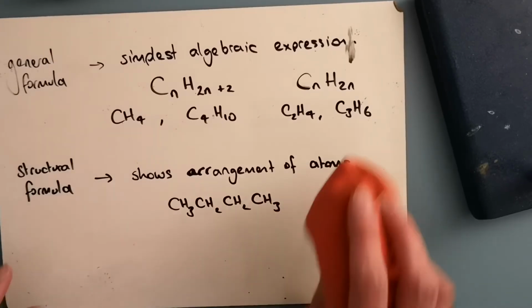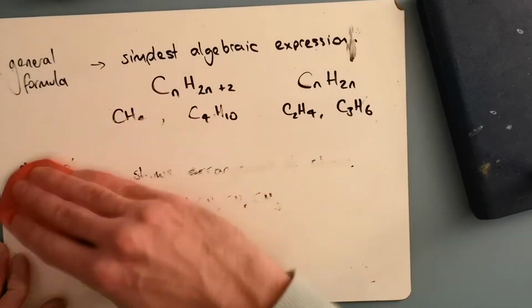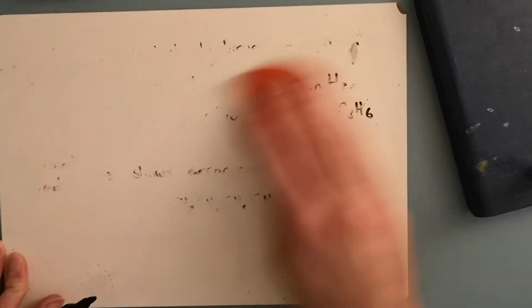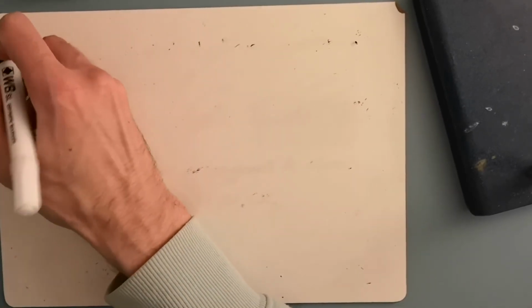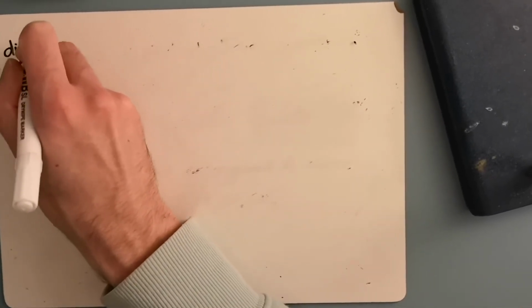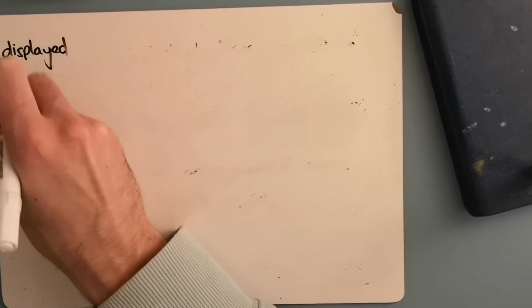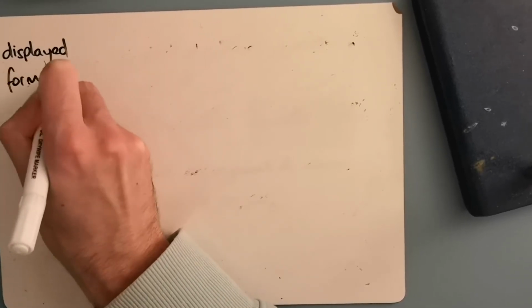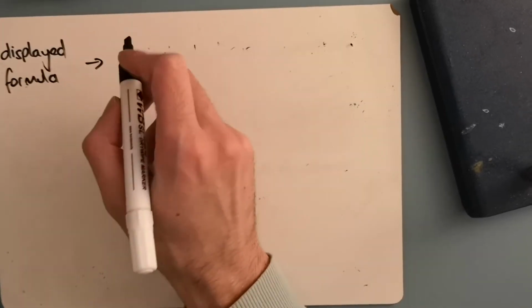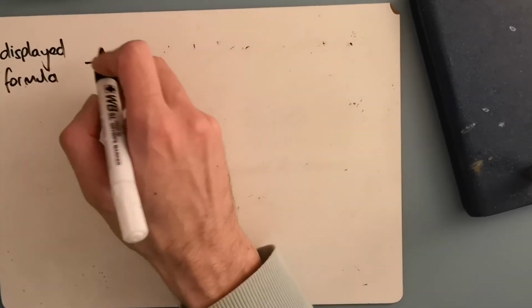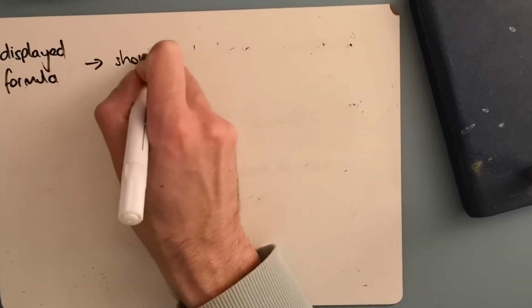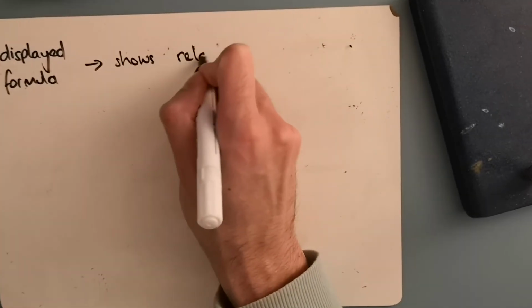We can go a bit further than structural formula though, and we could look at displayed formula. And displayed formula actually draws out the structure. So this shows the relative positions.